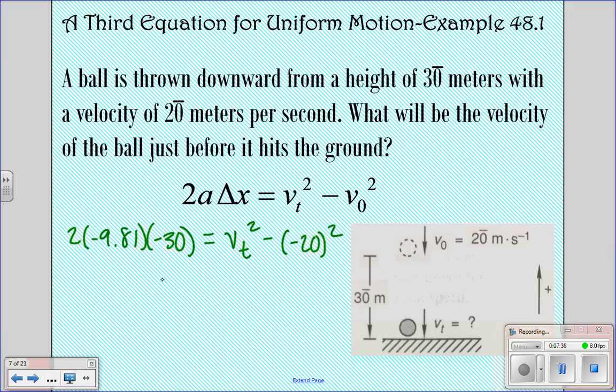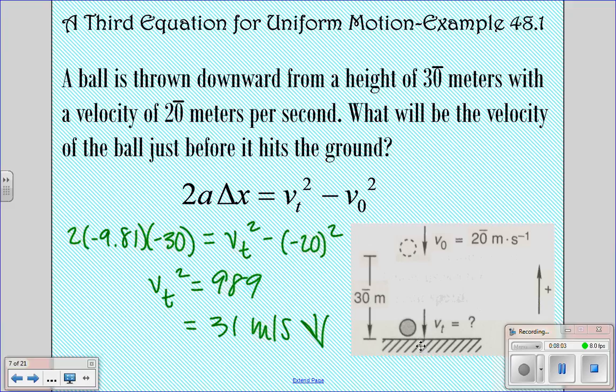So if you solve for v sub t squared, you're going to get 989, and then take the square root of that, and you're going to get 31 meters per second, and it's downward because it's going down. Okay, you can also write negative 31 meters per second.